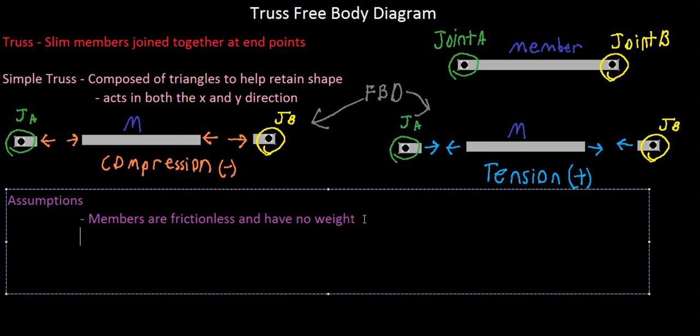Of course, we know this isn't true, but for our class, to make our math simple enough to understand the concepts behind drawing free body diagrams for trusses, we are going to say this statement is true. The second assumption is that members can only go under compression and tension.